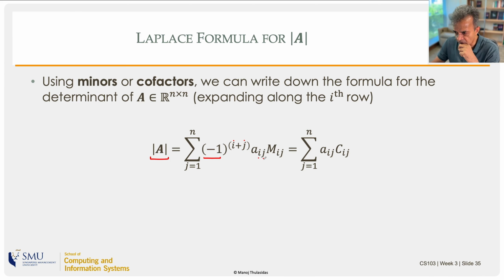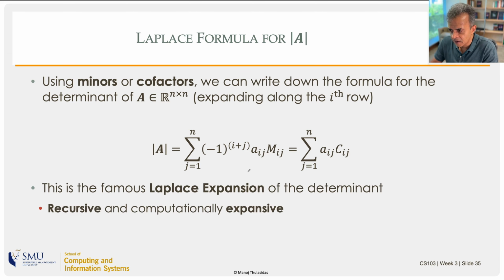This is the row, this is the column, and you're multiplying that with the minor, and then you're summing over j. You can actually do that for any row or column. Now, since we said that this sign times the minor is actually the cofactor, we can write it even more compactly like this. And if you look at it this way, it looks like a compact formula.